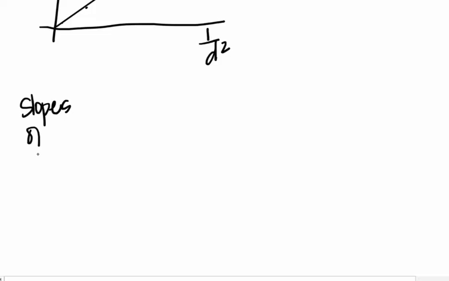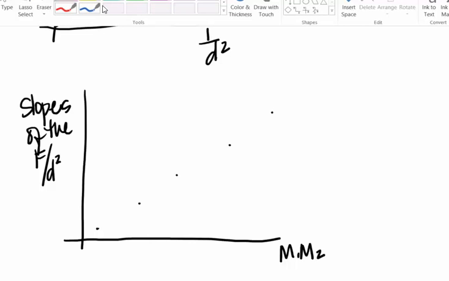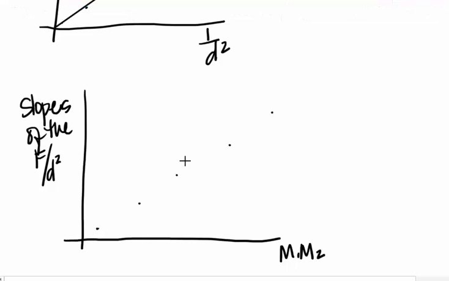So once we graphed the slopes of the force over d squared graph versus the product of the masses, m1 times m2, we got a nice straight line again. So that told me that the slope was directly dependent on the product of the masses.